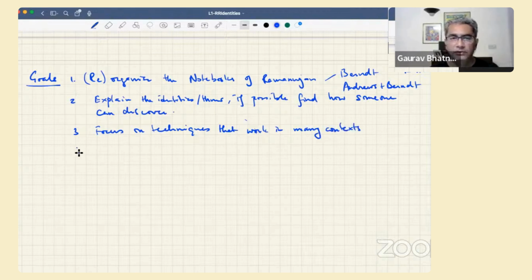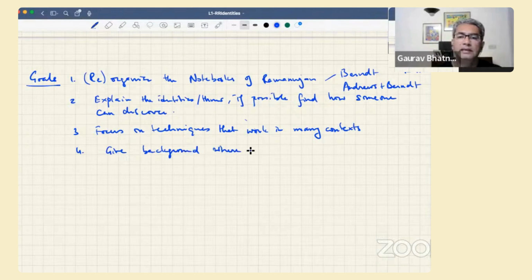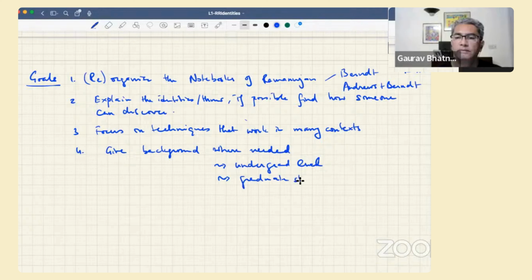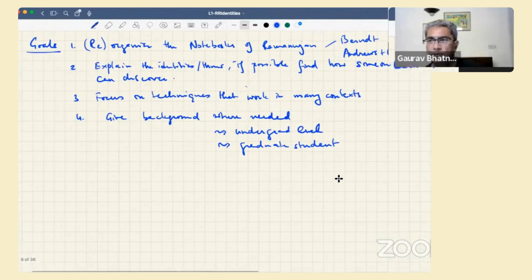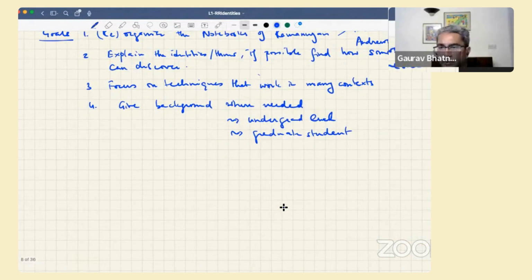In that way, it may be useful in your own work, and I'll give background where needed. Here I'm guided towards saying that it should be accessible to an undergrad, and definitely to a graduate student. The target is to do things so that you can actually work in this area.